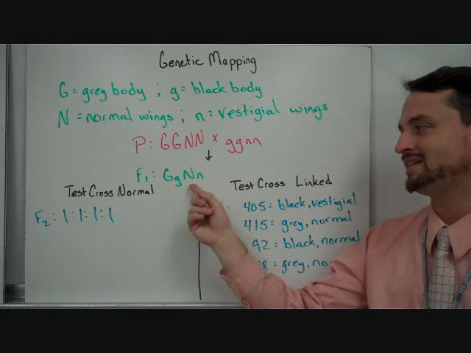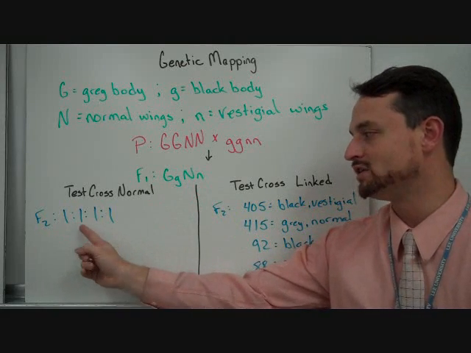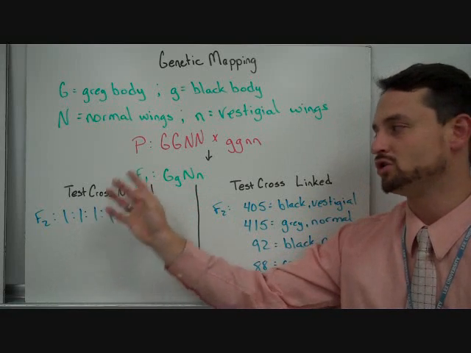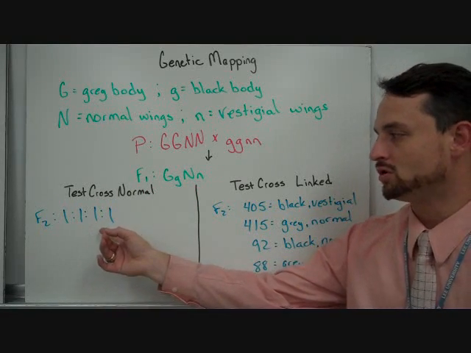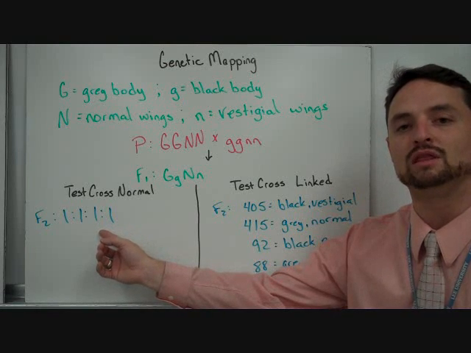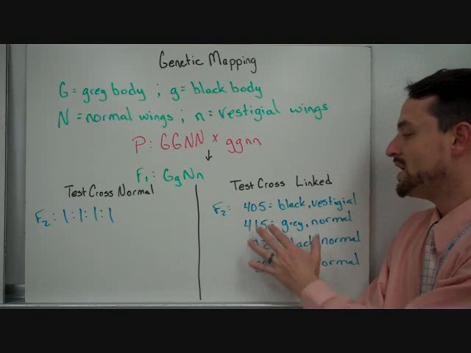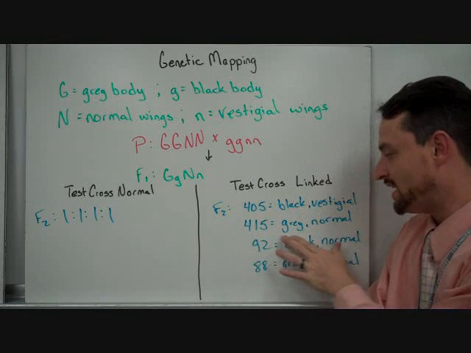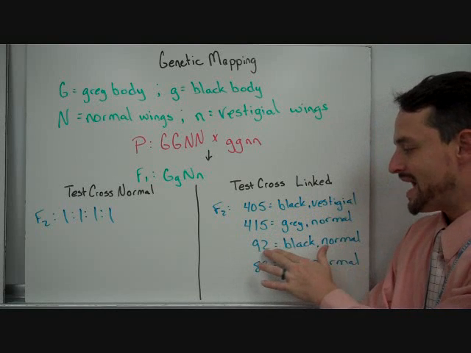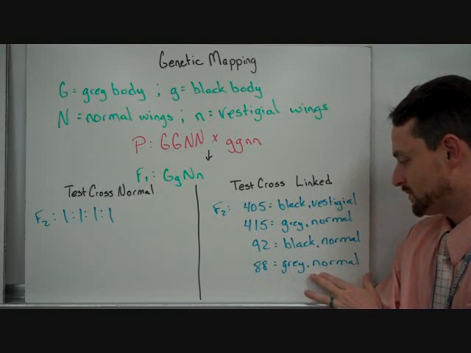Now, when we do a test cross on this, we would expect a 1 to 1 to 1 to 1 ratio. And we can do a Punnett square to show why that's the case. But for right now, I'm just going to say it should be this. When the experiment was done, we had 405 black vestigial, 415 gray normal, 92 black normal, 88 gray vestigial.